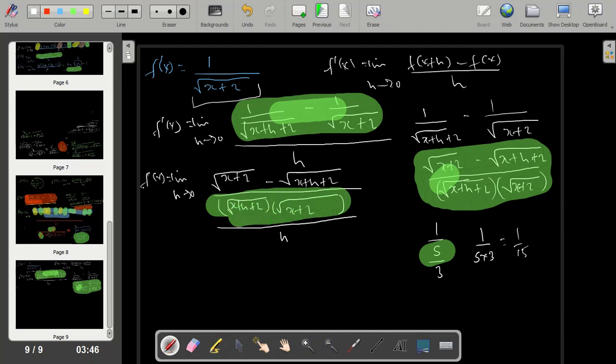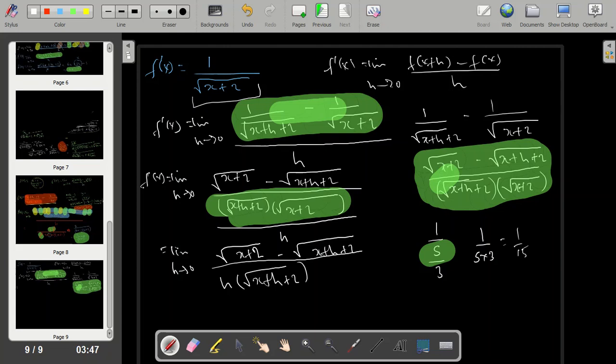So we are going to say the limit here as h approaches 0, on top you are going to remain with the square root of x plus 2 minus the square root of x plus h plus 2, everything divided by h only, times the square root of x plus h plus 2, multiplying the square root of x plus 2.